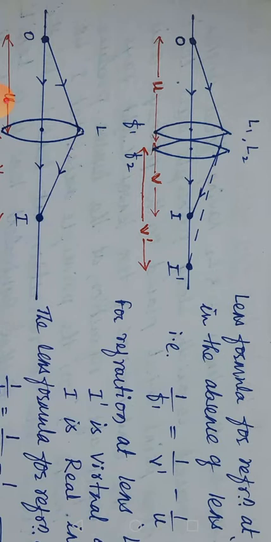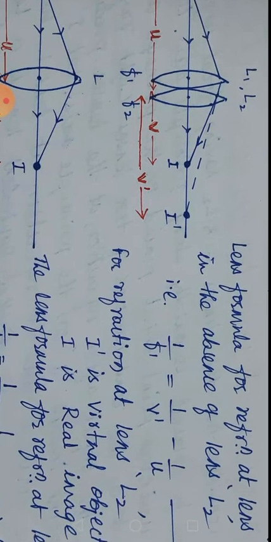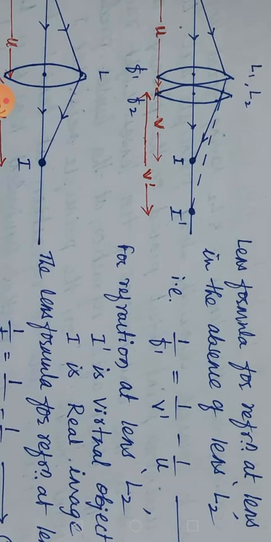So v dash is the image distance for the image formed due to refraction at L1. I is the final image and the image distance is v. Now using the lens formula, we can deduce an expression for the equivalent focal length. So already we have learnt the lens formula.